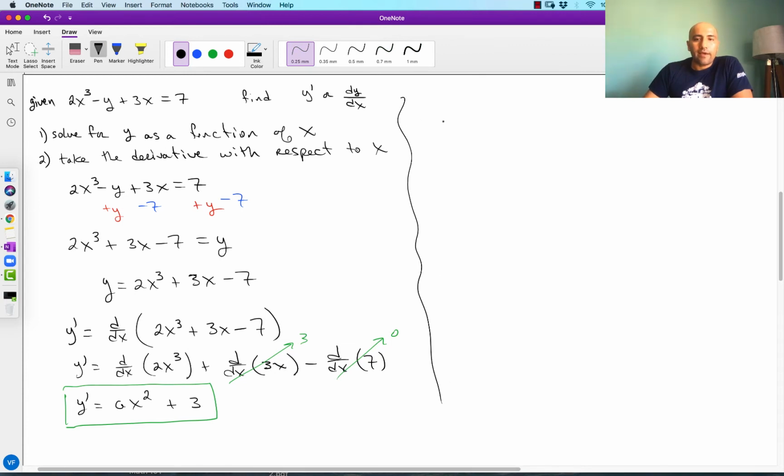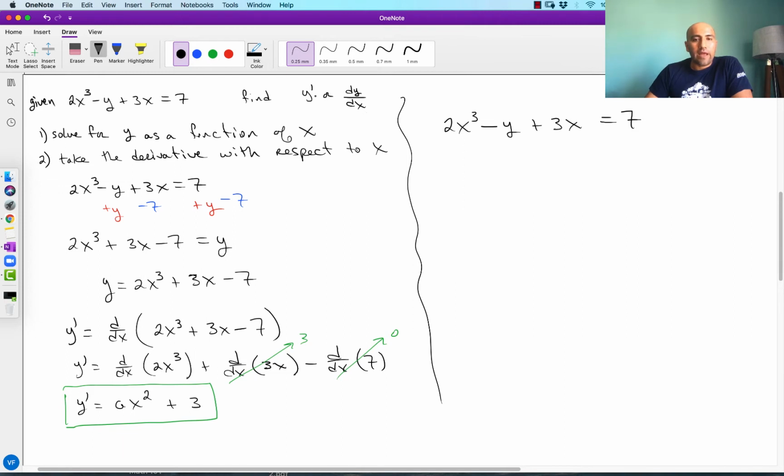So we have 2x cubed minus y plus 3x equals 7. We're going to take the derivative. Now we have to know what the variable of differentiation is. We have to know that this is with respect to x.